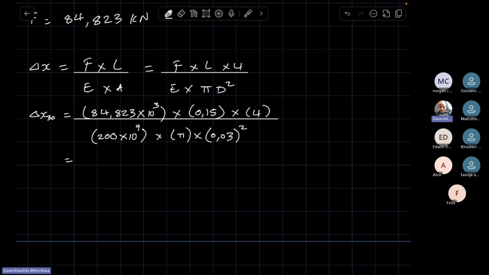Now, for you to get a perspective of how small this number is, on your calculators, press shift and general notation. Do that until the times 10 to the exponent on the right hand side is 0.